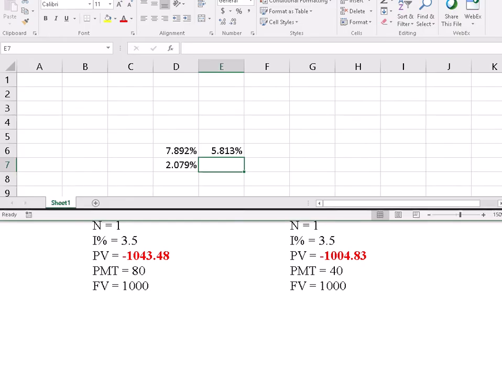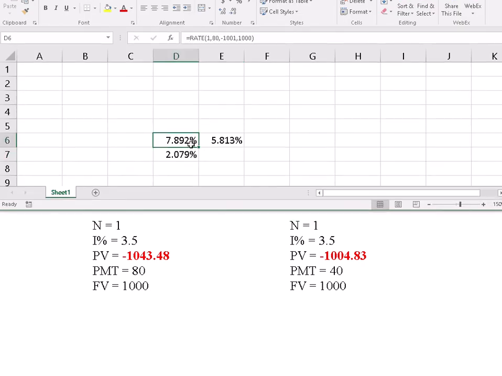And we can calculate that in Excel up here. This is the higher price bond, so the payment is $80 because it's tax-free, and this is $1,040, 3.48. Hit enter. 3.5% there, right?